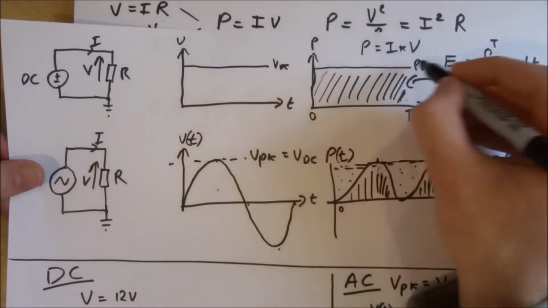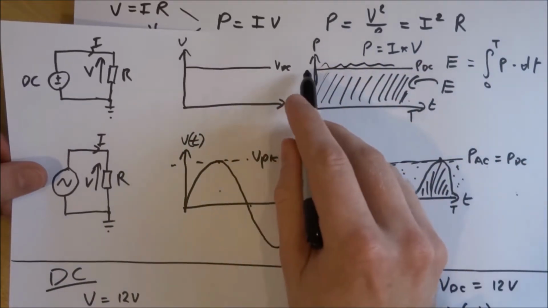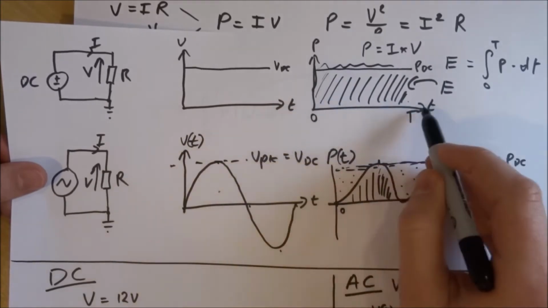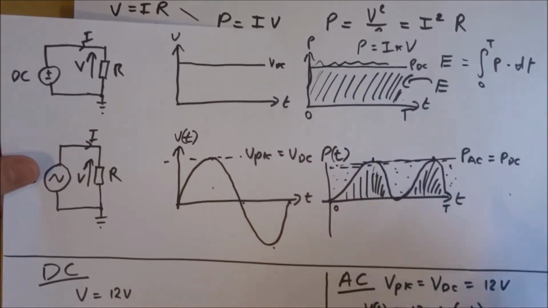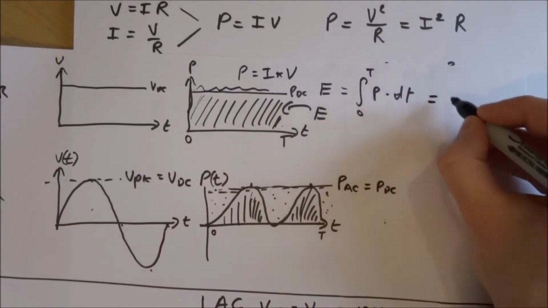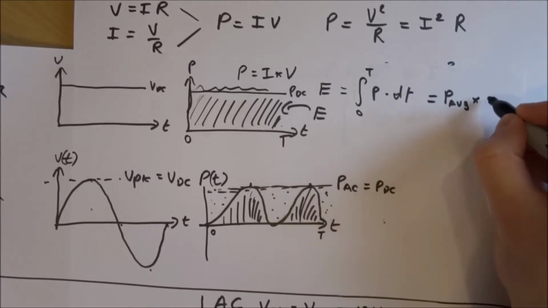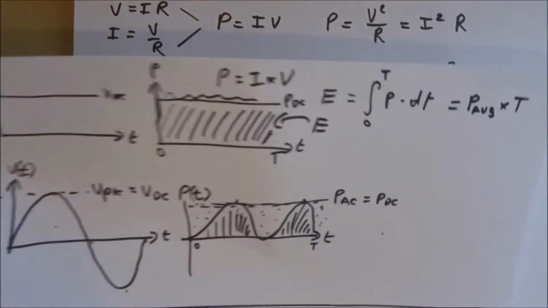This is a DC level, but if it had ripples on it, then we would take the average of that to make it a straight line, so make it a static value, which we can then multiply by our horizontal value, and it'll give us this area. So I could modify this value to say that it's equal to the average power times the horizontal component, which is capital T in this case.